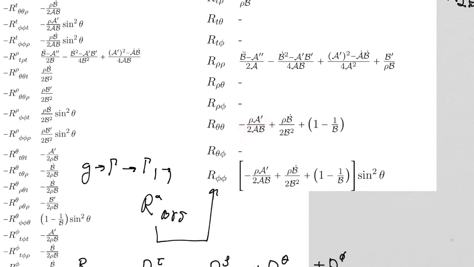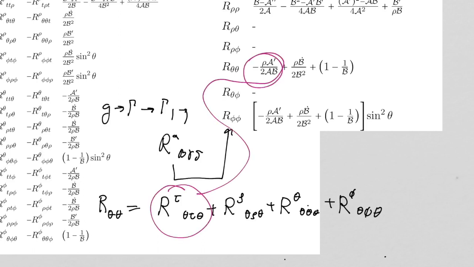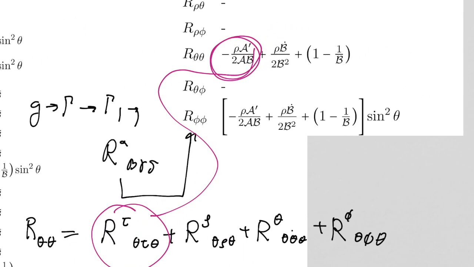So that term there is this guy right here. So how about the next one? R rho theta. So I go over here, R rho theta. It's this one right here. Rho B prime over 2B squared. Rho B prime over 2B squared is right there. So that one's good too. So I'll circle that.